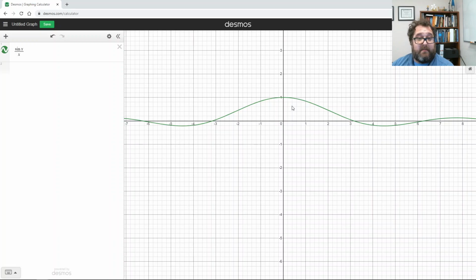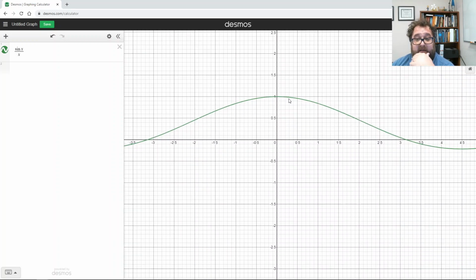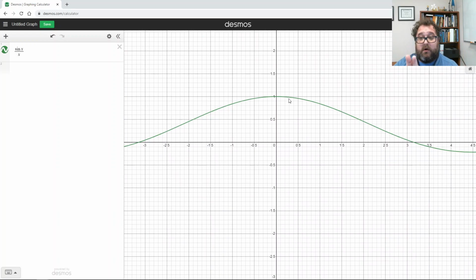We're only concerned about the behavior as we approach 0, and clearly as we approach 0, we're homing in on 1. Now notice that at 0, the function is undefined. The function is undefined because you can't plug in 0. 0 is not in the domain of that function.